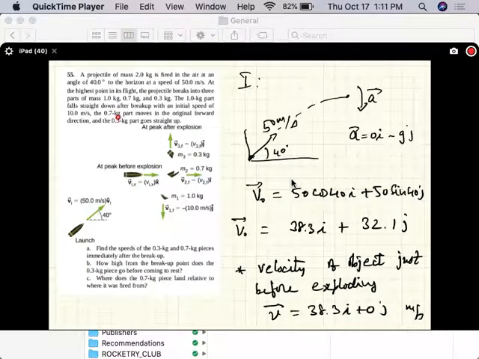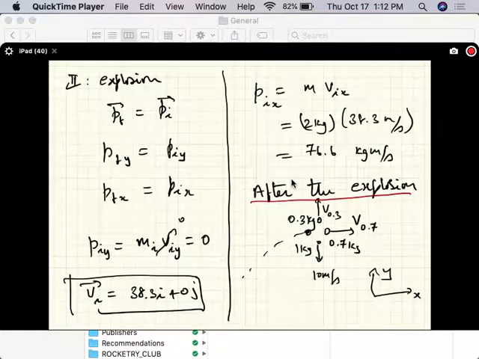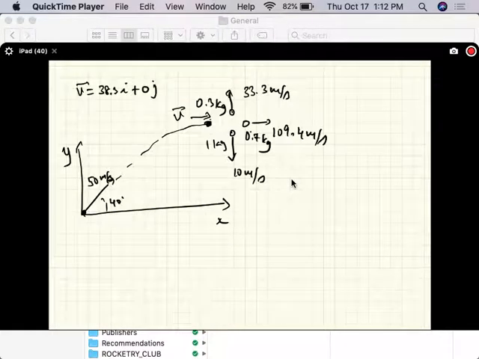Now, we have found the speed of the 0.3 kg and 0.7 kg pieces immediately after breakup. That was part A. So now part B: how high from the breakup point does the 0.3 kg piece go before coming to rest?